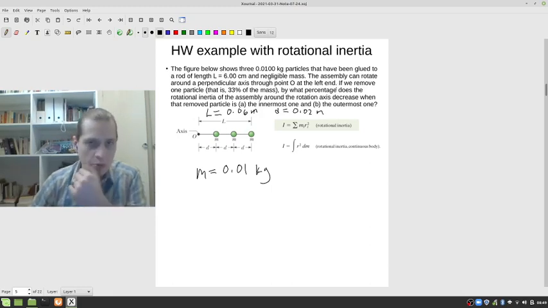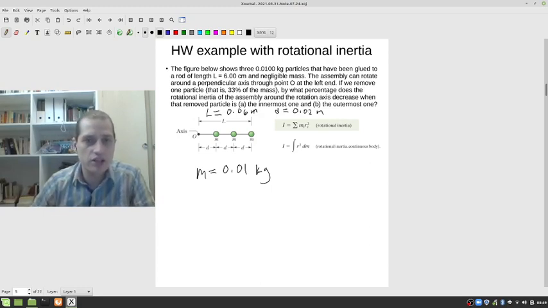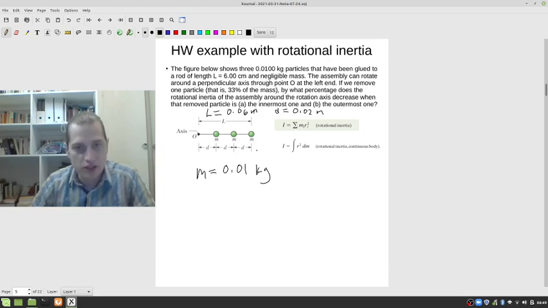It says, if we remove one particle, that is 33% of the mass, by what percentage does the rotational inertia of the assembly around the rotation axis decrease when that removed particle is the innermost one or the outermost one? Okay, so all I'm trying to stress with this is, what do we mean by the rotational inertia?